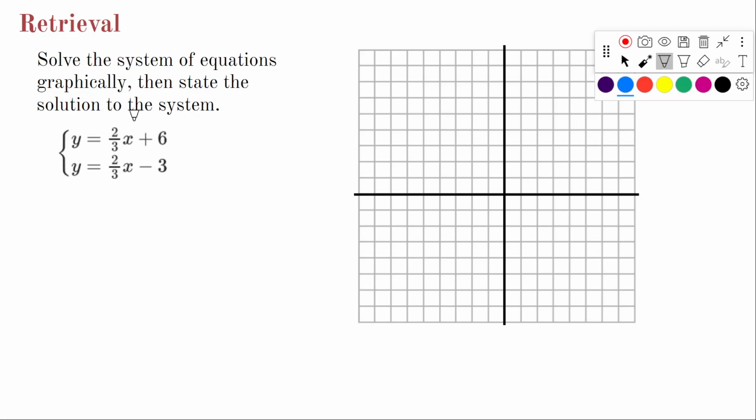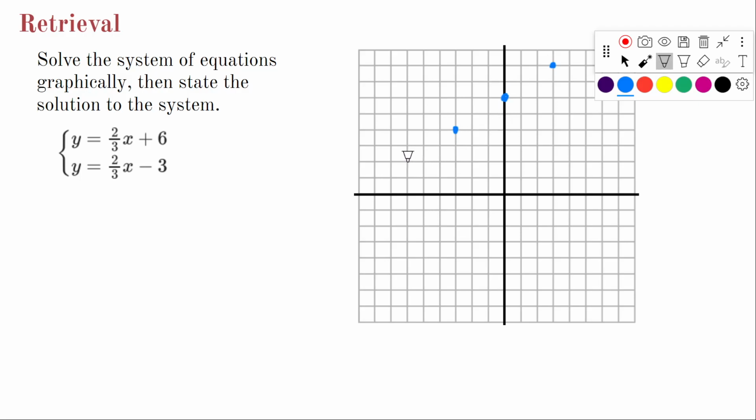y equals 2/3 x plus 6. That means its y-intercept is located at the point (0, 6). The 2/3 tells me that through that point is a line that goes up 2 and right 3. Or I can go backwards from my y-intercept and go down 2, left 3.